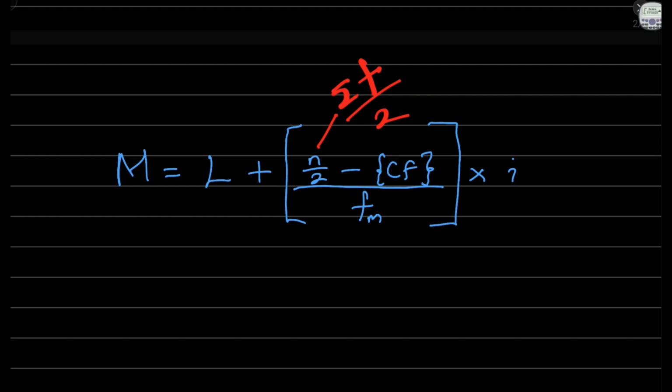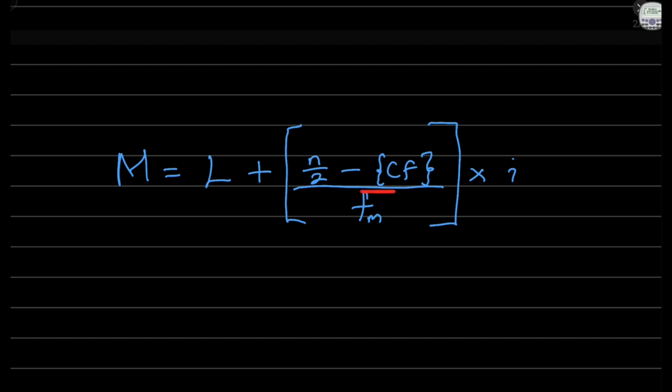CF right here means the cumulative frequency before the frequency of the median class. So that means that there's such a thing called the median class, and you are expected to have figured out what the median class is before delving into your calculations.